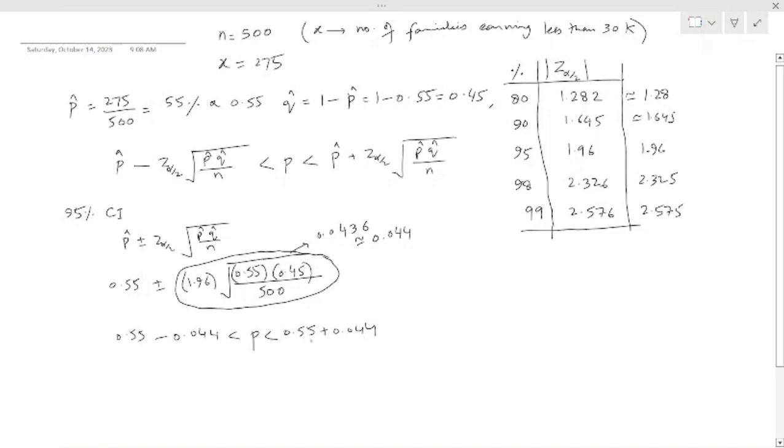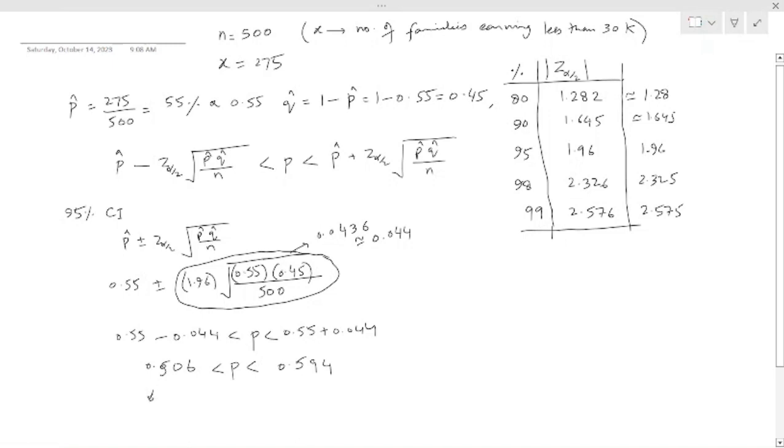The answers are: 0.55 take away 0.044 gives us 0.506, and 0.55 plus 0.044 gives us 0.594.